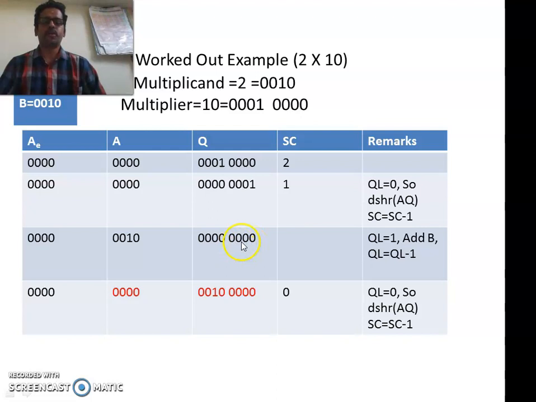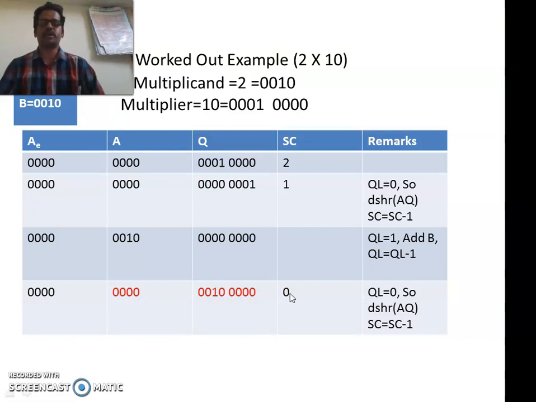If QL becomes 0, then we need to perform decimal shift right on AQ. While performing a decimal shift right, this rightmost digit would be last. This digit would be coming to this position, and this digit is coming to this position, and this digit is coming to this position, and we are adding 0 into the leftmost digit position and decrementing the sequence counter.